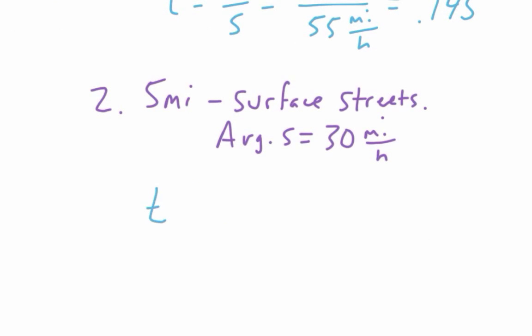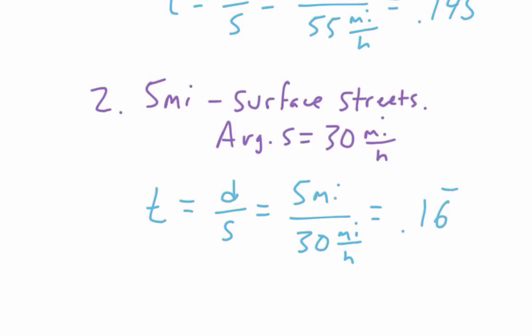My second time, I could even write T2 if I wanted to, but T or T2 equals distance divided by speed. Now I do 5 miles divided by 30 miles per hour, and if we punch that into our calculator, we get 0.16, with the 6 repeating.